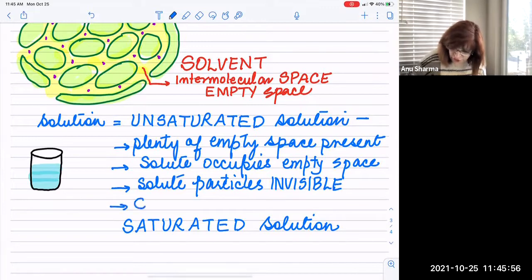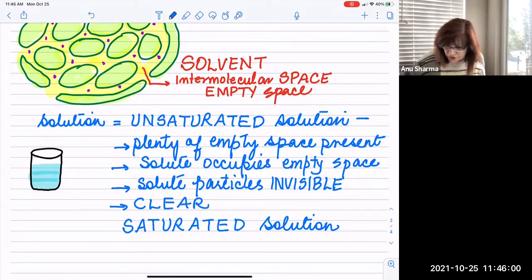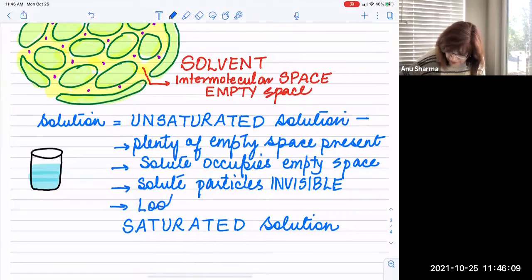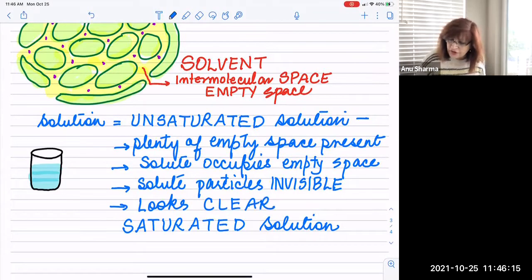That means the solution looks clear, so light can pass through. That is the unsaturated solution.